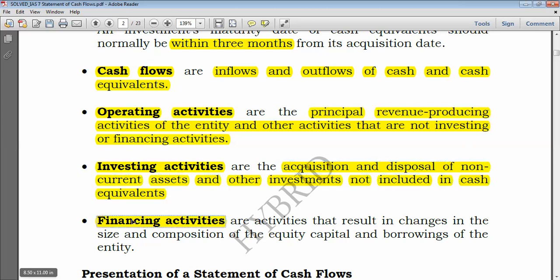And lastly, we are at the financing activities. Financing activities result in changes in the size and the composition of the equity capital and the borrowings of the entity. Simply speaking, it affects the capital structure of the entity.